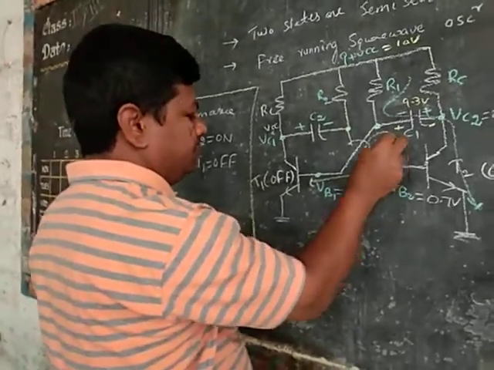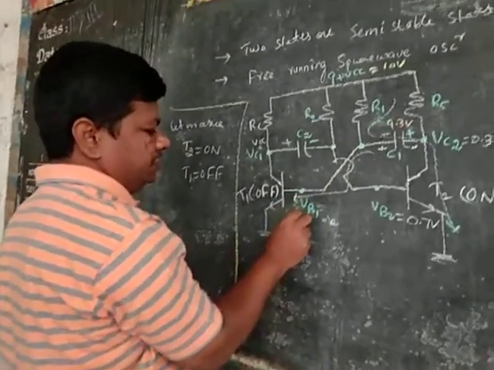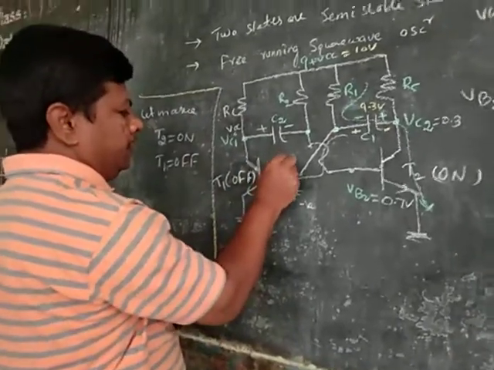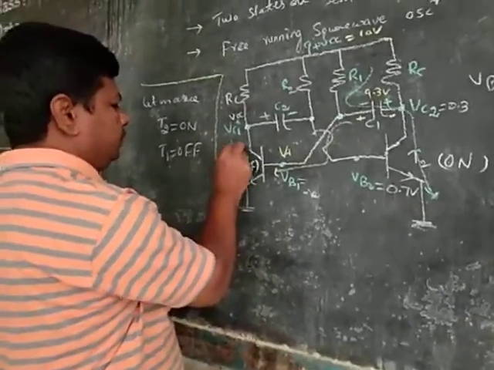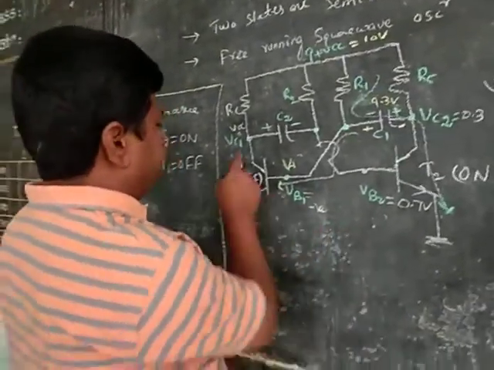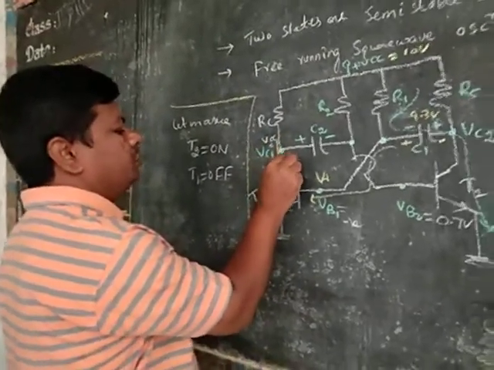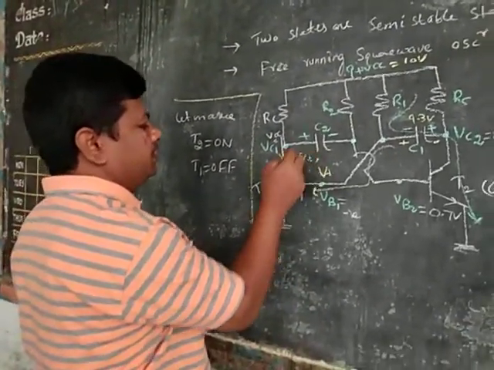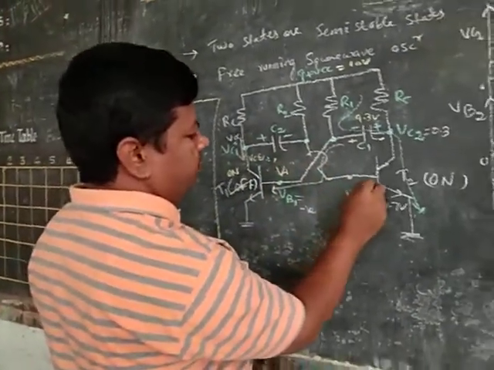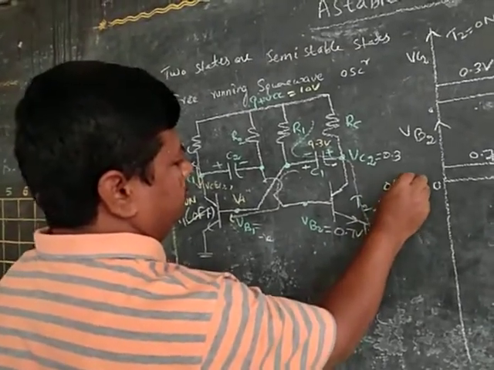When this voltage increases, the base voltage also increases. When the base of T1 transistor reaches some V gamma value, then T1 enters into on. When T1 enters into on, its collector voltage, previously VCC, now comes down to VCE saturation. That reduced voltage is applied to the base of T2 transistor, and T2 enters into on.